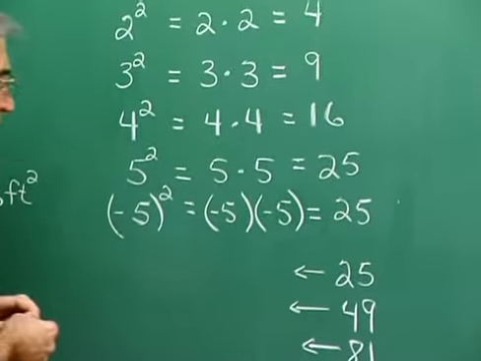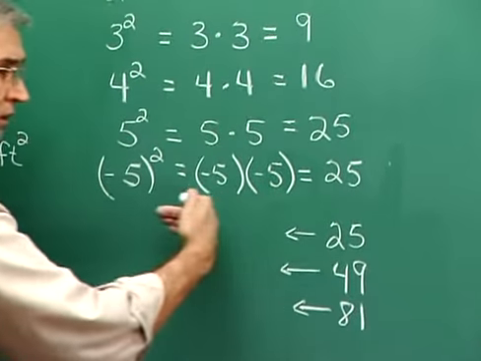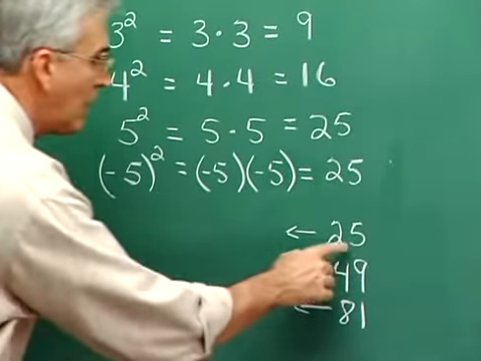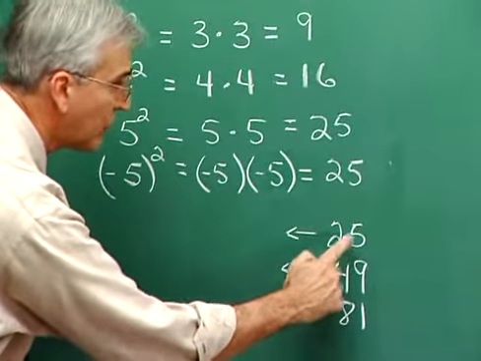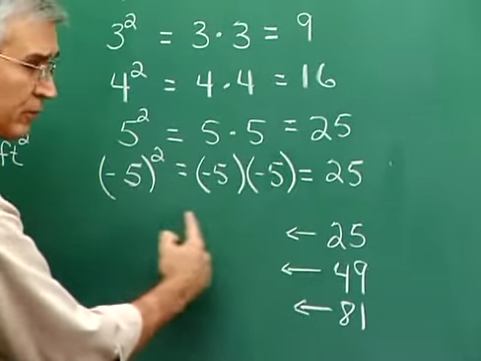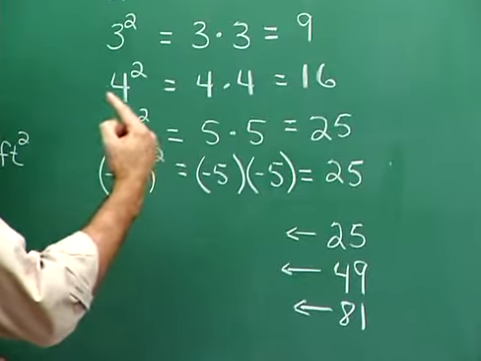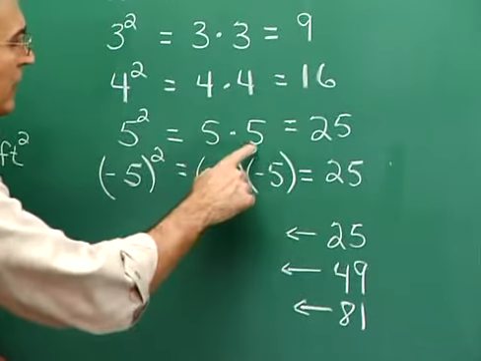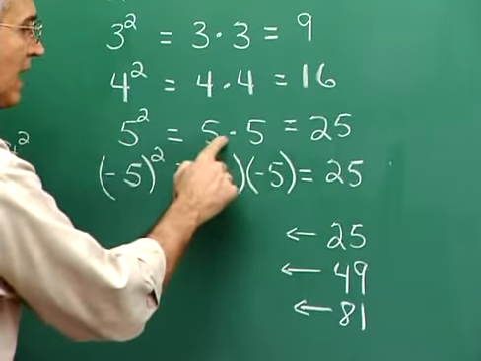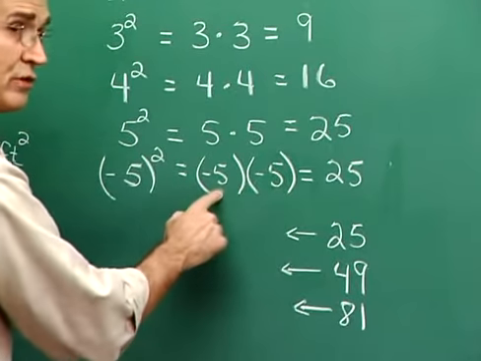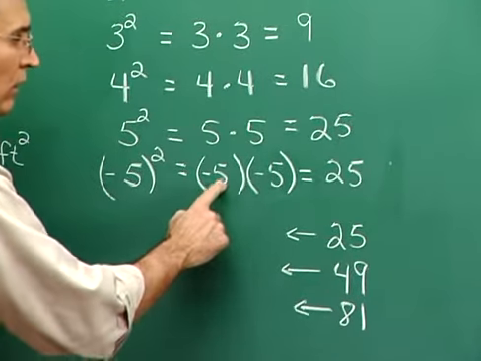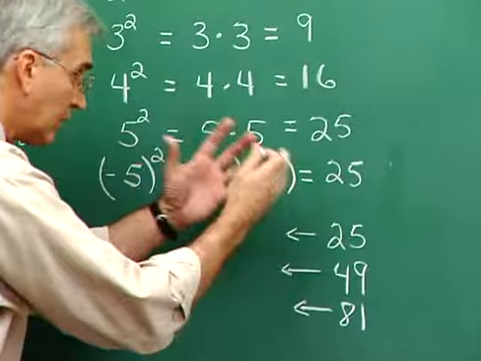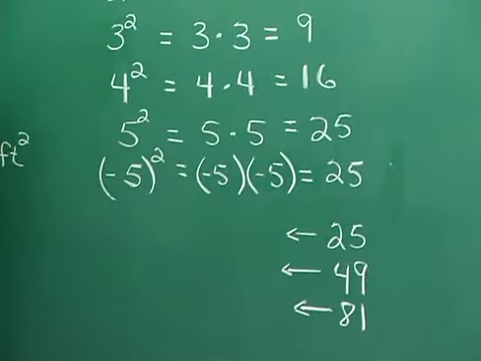And here's what we want to be able to do. We want to be able to work this kind of backwards. Now, if the square that's over here is 25, we already know how we would proceed in this direction. We know that we could have either two equal factors which are 5 or two equal factors which are negative 5 in order to produce this product to give 25.